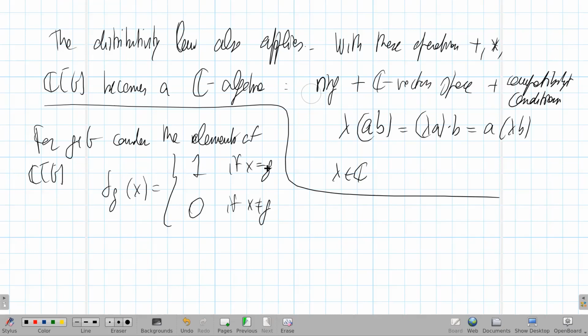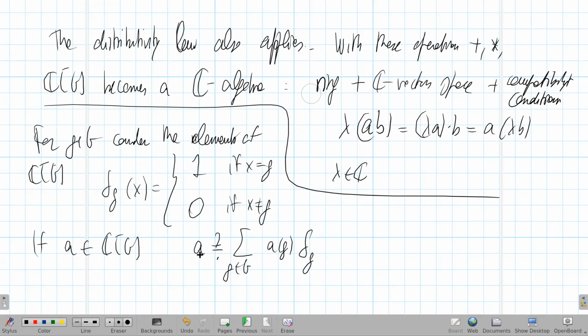And you can see that if you have any element A of the group algebra, then A is the sum for g in G of A(g) delta g, okay? How can you see this? Well, these are functions from G to C, okay? So let's put a question mark here.